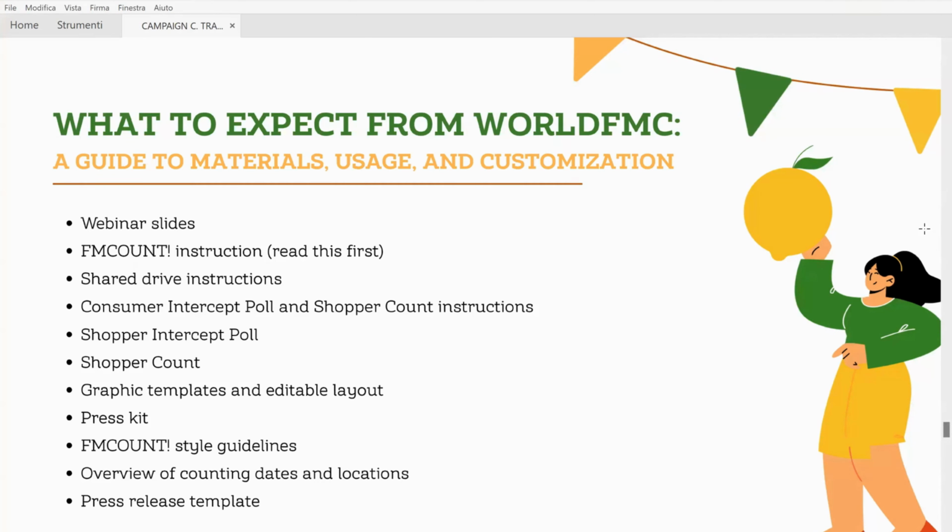Then you will receive the consumer intercept poll and the shopper count instruction. Then the shopper intercept poll and the shopper count Google Drive. You will also receive some graphic templates that you can edit.